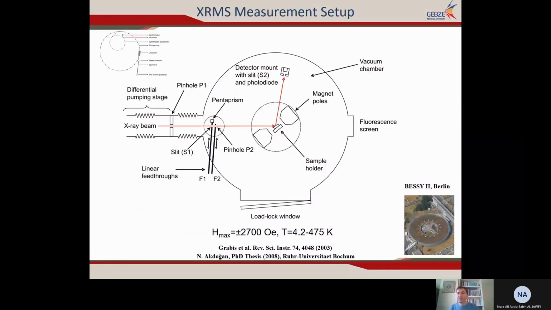You can carry out these experiments by using synchrotron radiation, or by using free electron laser radiation. It depends on the beamline properties, and beamline properties are very important in case of XRMS experiments.